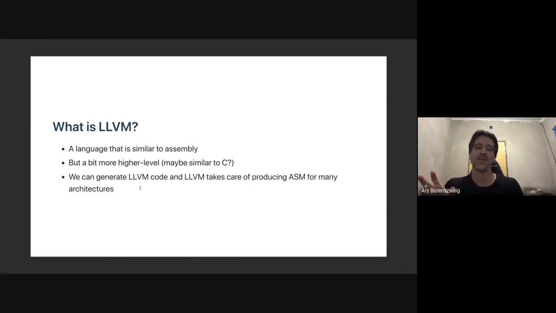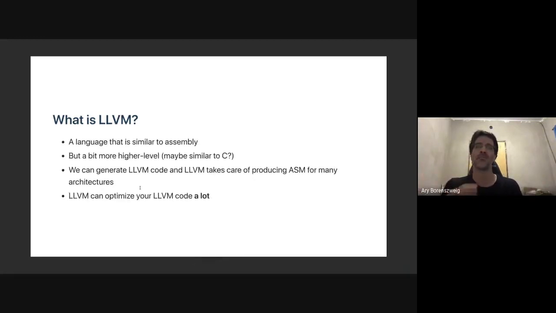And LLVM has something really cool that it can optimize the LLVM code that you generate a lot. And when I say a lot, it's really a lot, and Crystal relies on that. And something really nice too is that LLVM is continuously developed, like it's developed right now, and they keep adding optimizations and more platforms. So that's great.